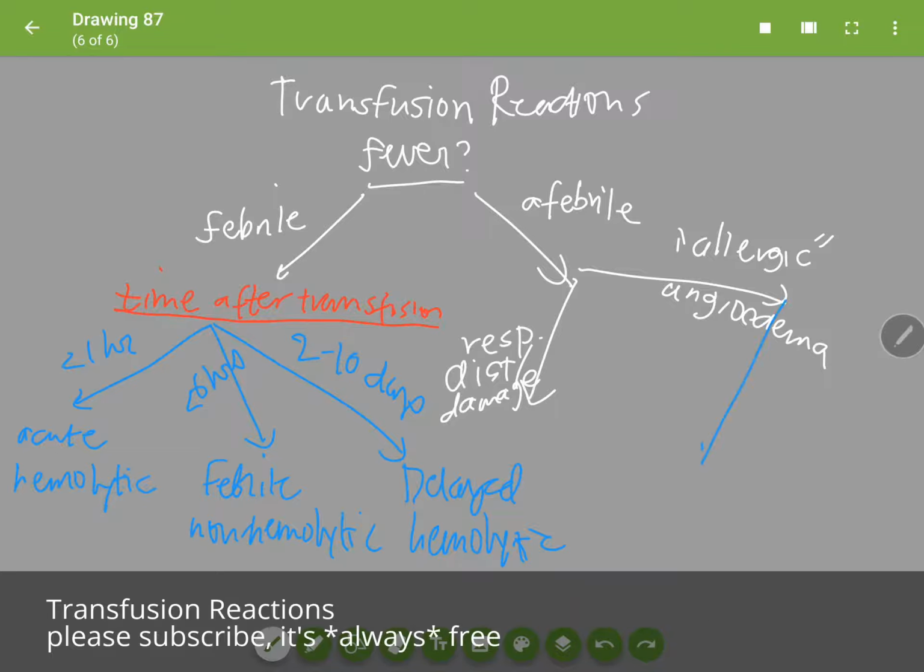And so if you divide this up into time and severity, you're always going to get the anaphylactic one is the most rapid. So rapid, severe is going to be anaphylactic.